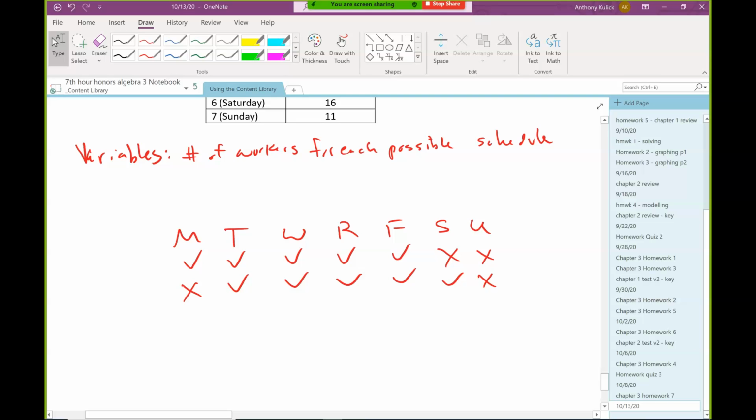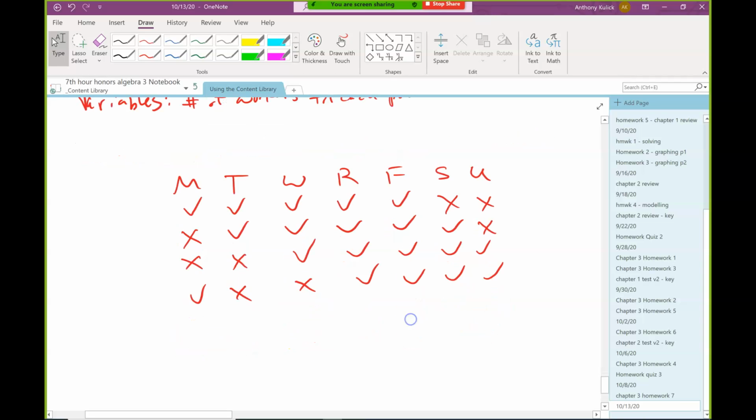What's another schedule? Start Wednesday and work through Sunday, so we're off Monday and Tuesday. So we'll start Thursday and we'll work through Monday. Okay, so we're off Tuesday and Wednesday.